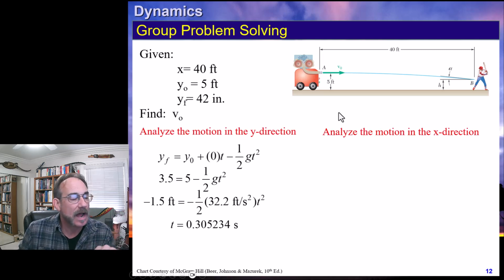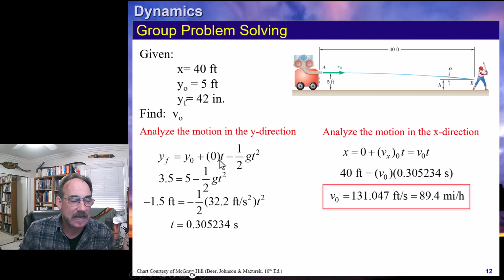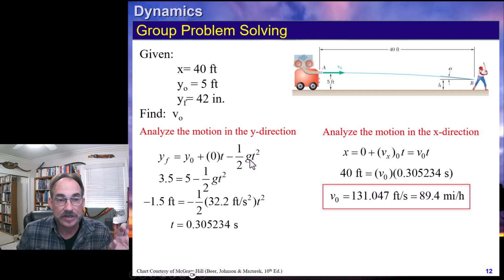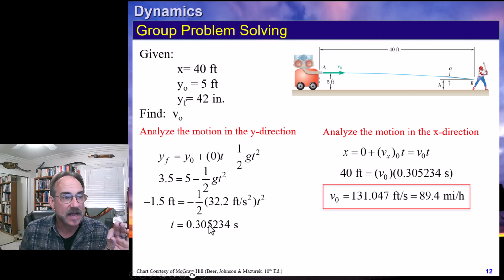So we're going to analyze our y motion. We use this equation: our position equals the initial position plus the velocity times time minus 1/2 gt squared. Remember, the vertical velocity was initially 0. The initial position is 5 feet. And we have 1/2 g, 32.2 feet per second squared, and time, which we don't know. We can solve this for time.